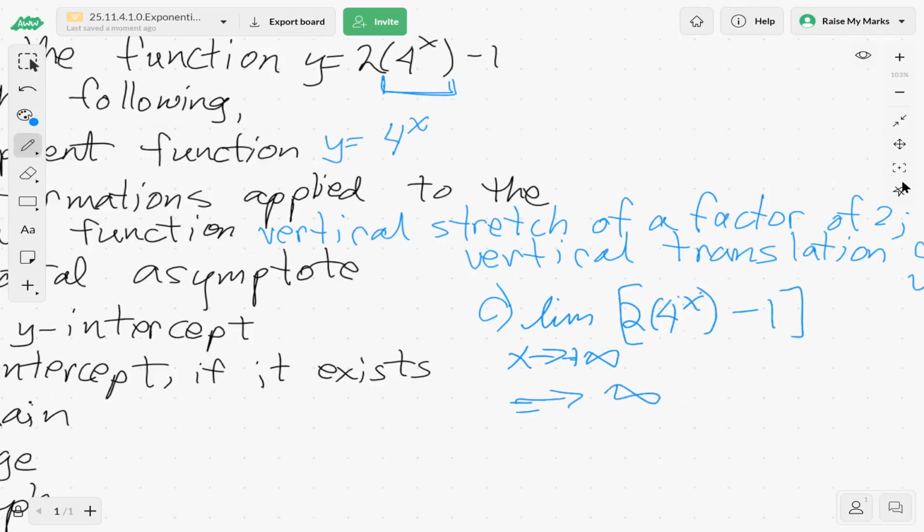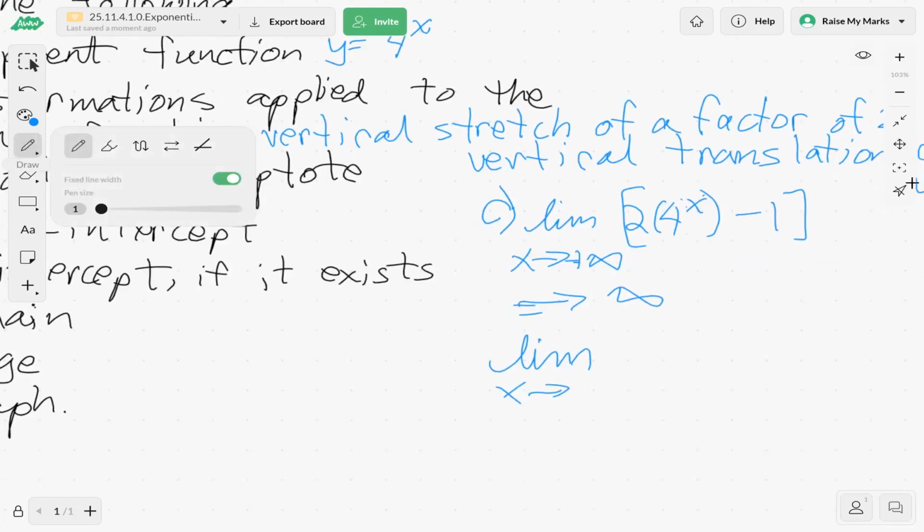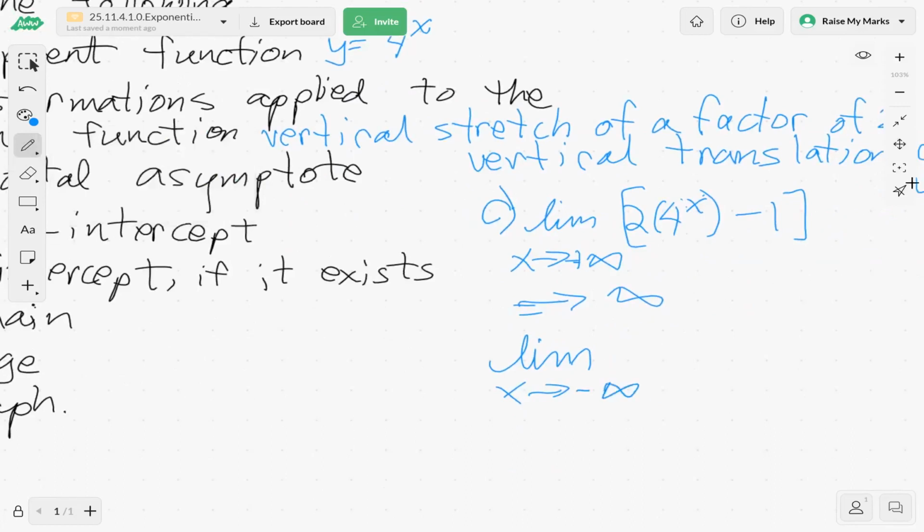Now, it doesn't look like it's a horizontal asymptote. We don't have one yet. So now let's consider as x approaches negative infinity. So again, we put our function y in here. All right, so now what's happening?